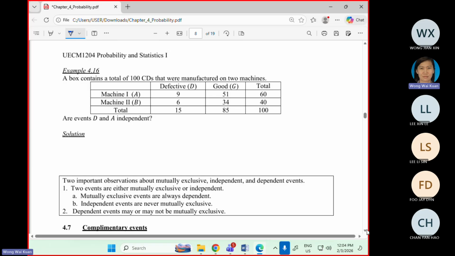Defective means they have problems, and good means they are okay. Now I want to know: are D and A independent? Let's say I'm looking for the probability of D given A. What is the probability of D given A? Count D given A, what is it?